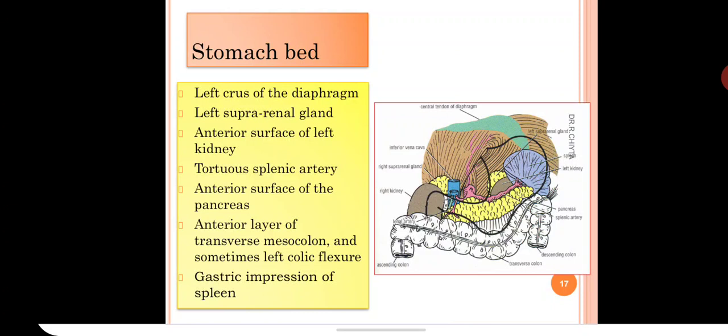You see the image from above downwards: left crest of the diaphragm, left suprarenal gland, anterior surface of the left kidney, tortuous splenic artery, anterior surface of the pancreas, anterior layer of the transverse mesocolon, and sometimes left colic flexure and gastric impression of the spleen. So all these are the structures over which this postero-inferior surface rests, and this will be called the stomach bed.